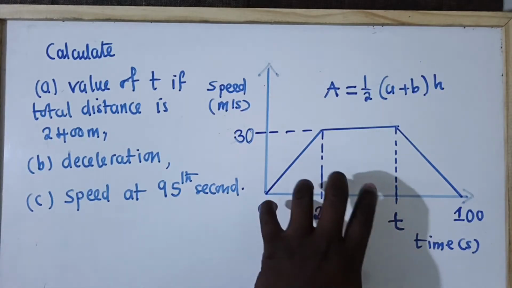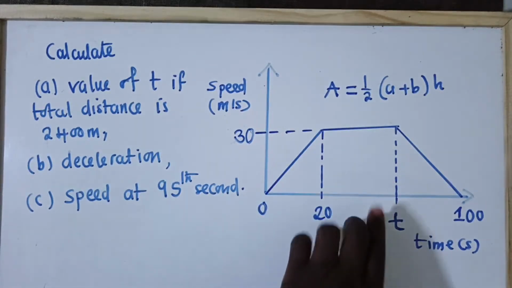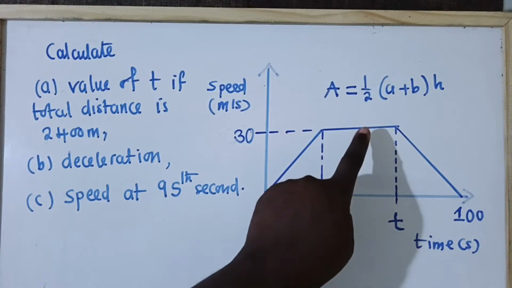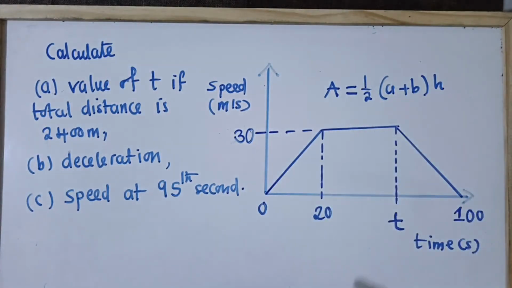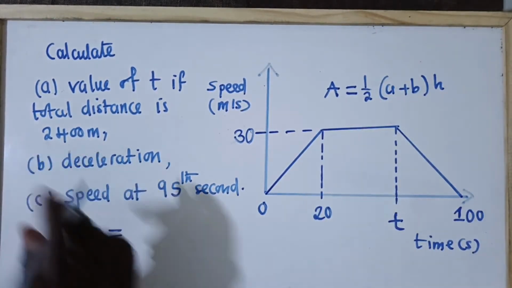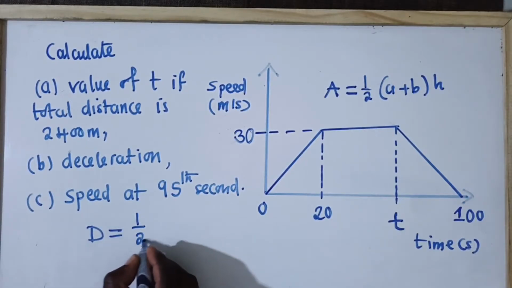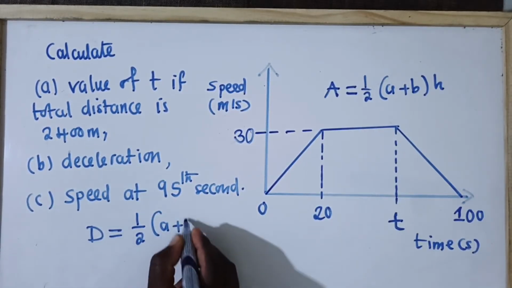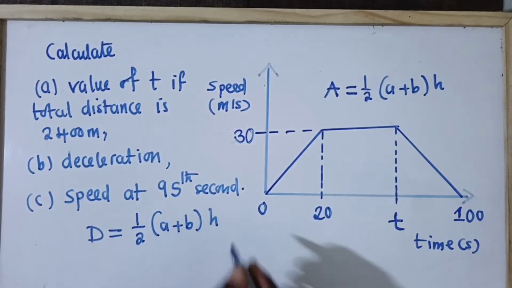There is a question in paper 1, the last question, which looks like this, and this formula is mostly used. So we're going to use this same formula for distance. Since we've been given distance, d is equal to 1 over 2 (a plus b) h.